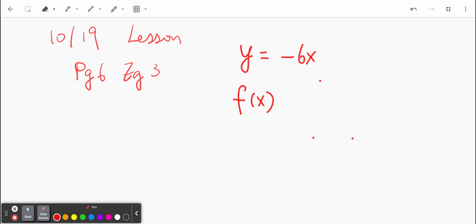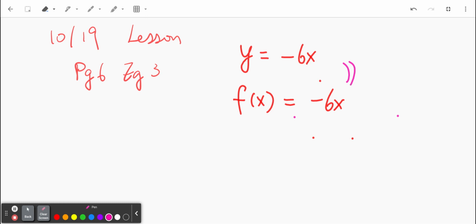So if we see something like f(x) equal negative 6x, it's the same thing. These two are equivalent. One is a linear equation, one is a function, but they pretty much mean the same thing.